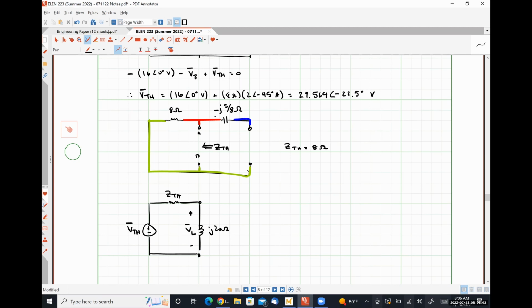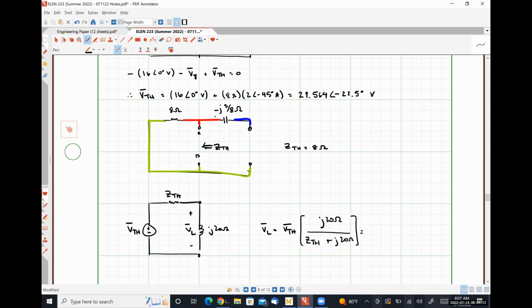And using voltage division, VL is simply VTH times J20 ohms over ZTH plus J20 ohms.